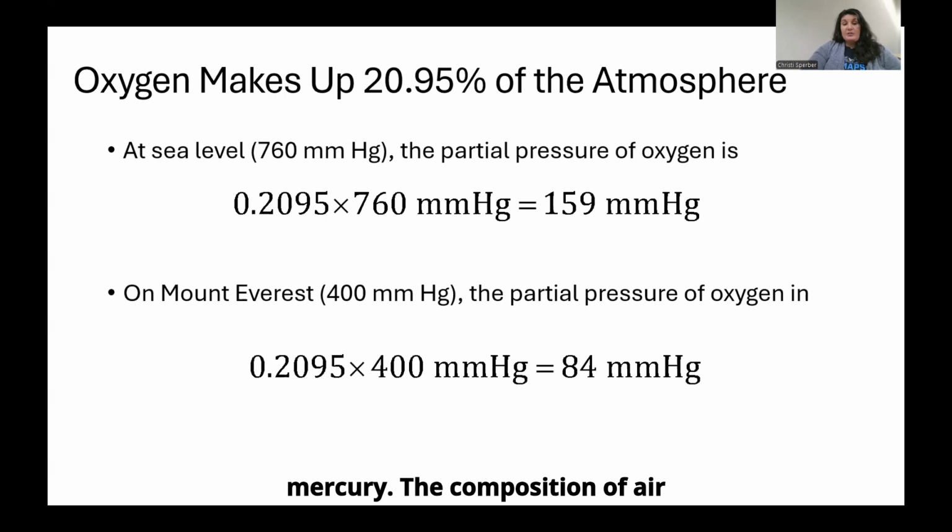The composition of air is about the same. And so the partial pressure of oxygen on Mount Everest is still 20.95% times the 400 millimeters mercury, so the total pressure. And so 84 millimeters of mercury is the partial pressure of oxygen on Mount Everest.